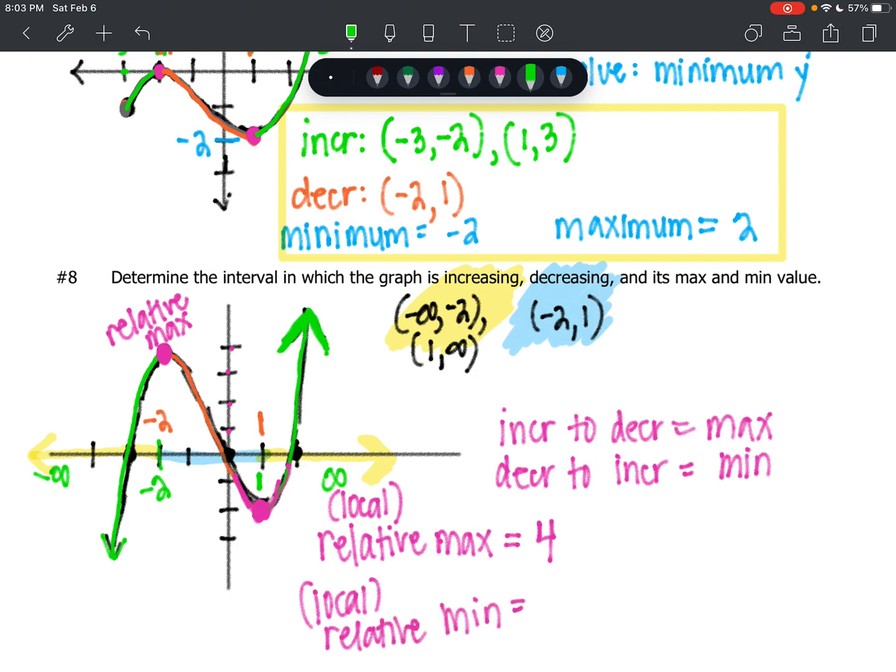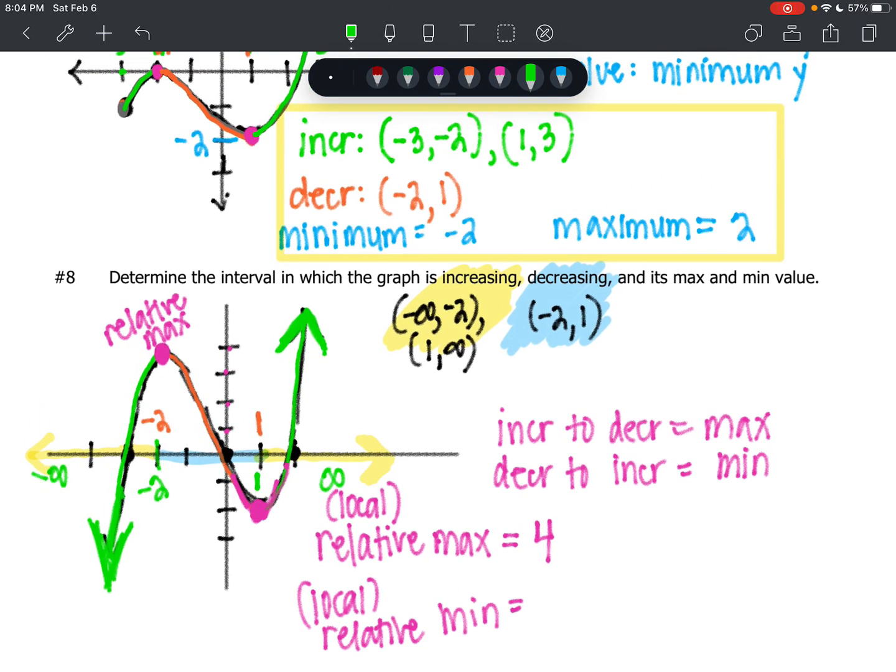And that's because this graph really goes down to negative infinity. It doesn't have a minimum value, it just keeps dropping. It drops forever. So the local or relative minimum is -2, that y value. So remember, your maximums and minimums are your y values.